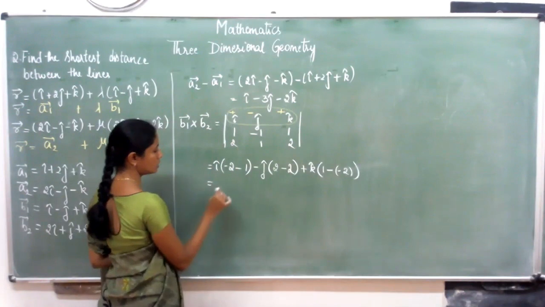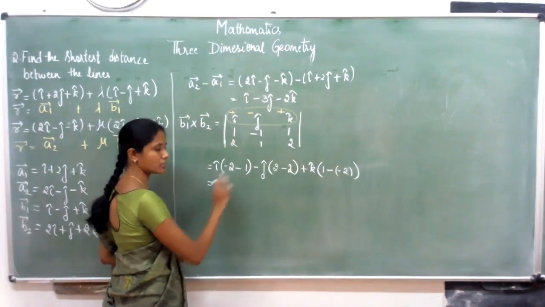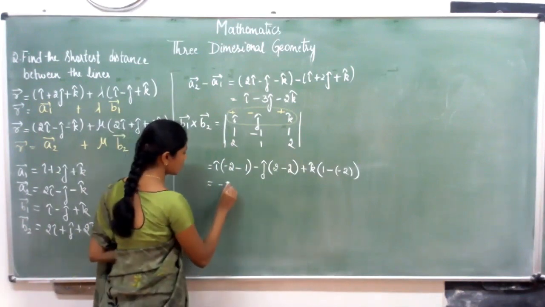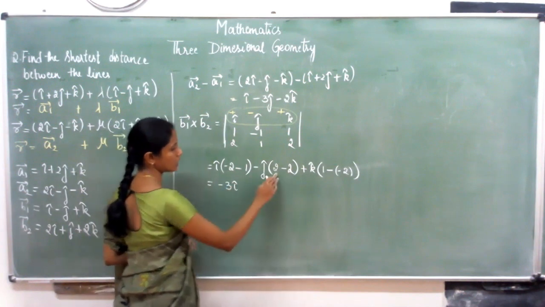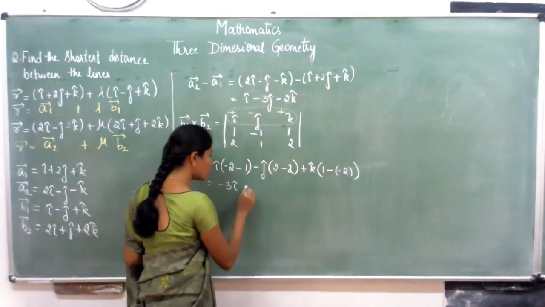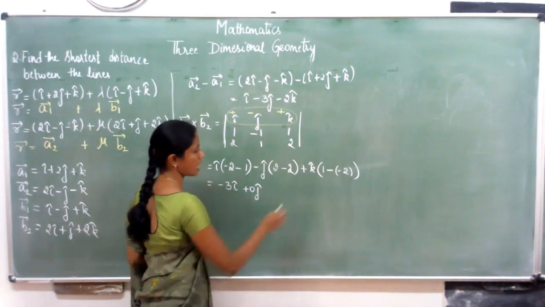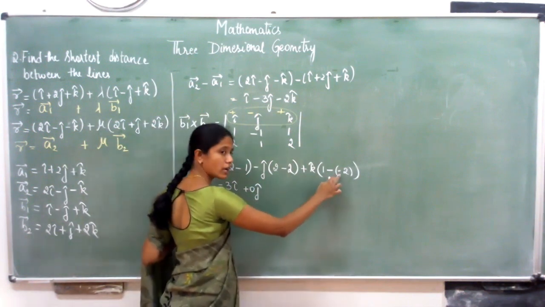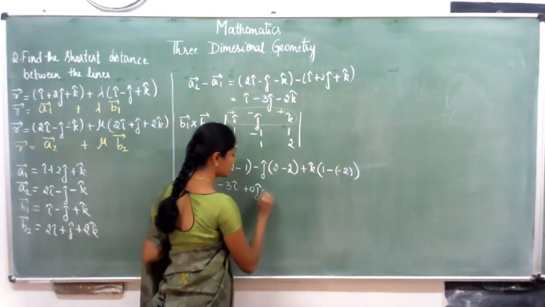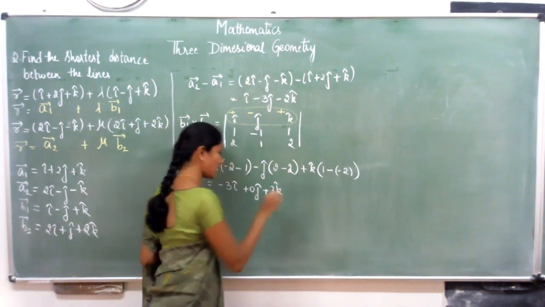Therefore, this is equal to minus 2 minus 1, minus 3. So minus 3i cap, next 2 minus 2, 0, so plus 0j cap, then 1 plus 2 is 3, so plus 3k cap.